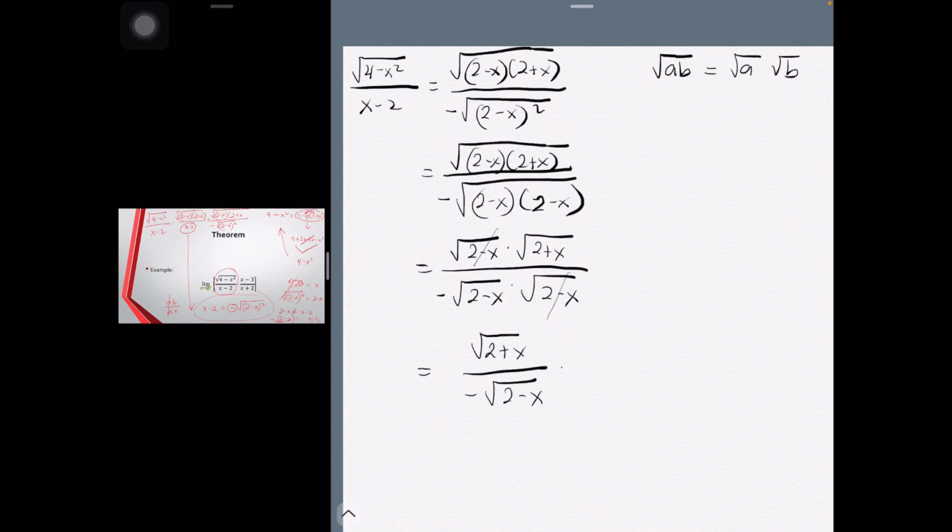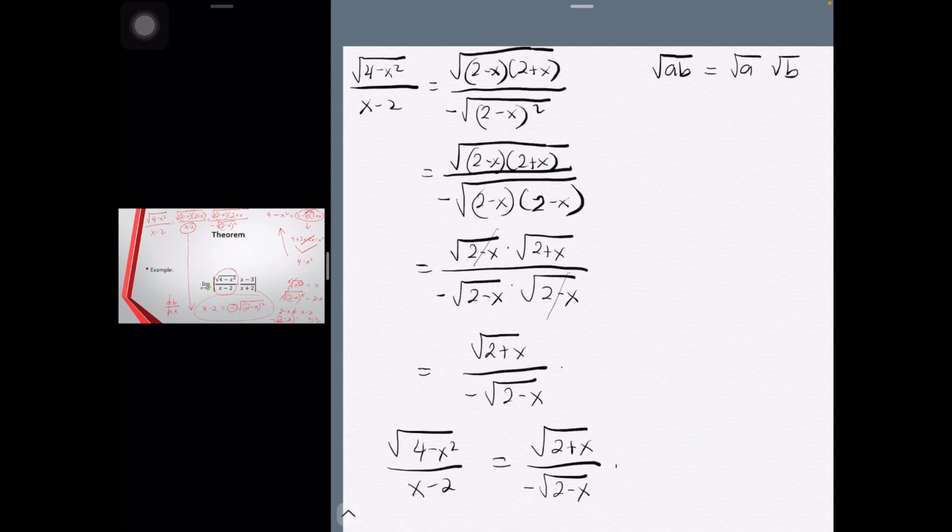There. So manipulating the given square root of 4 minus x squared over x minus 2, this can be written as the square root of 2 plus x over negative square root of 2 minus x. Definitely they are just equal.